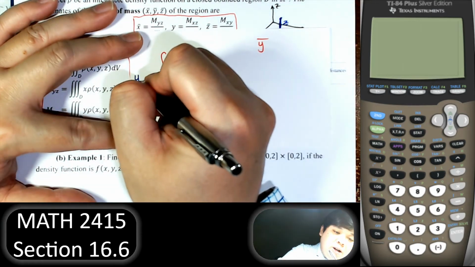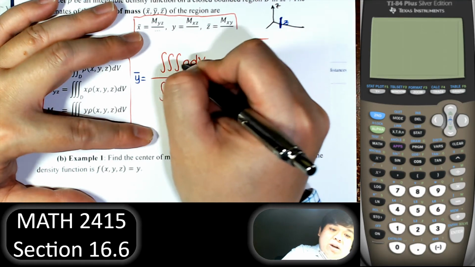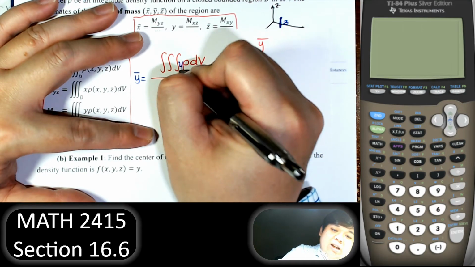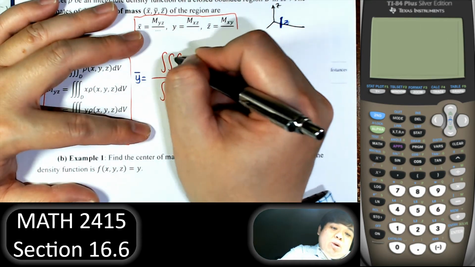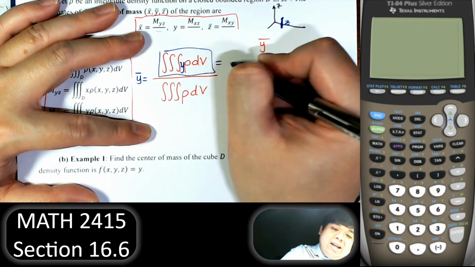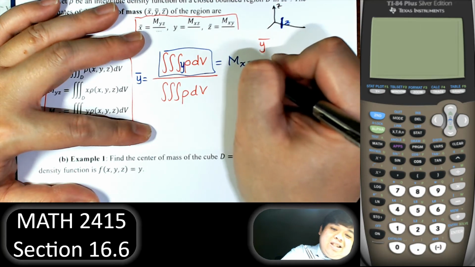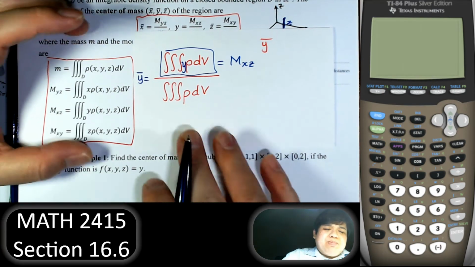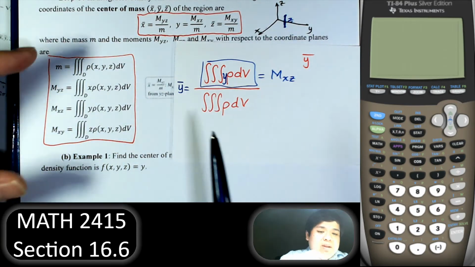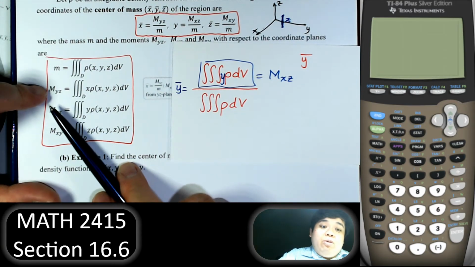For y bar, we just take the moment with the y in it. But technically, when we put the y to it, this one is said to be the moment about the xz plane. So in terms of the intermediate step where they find the moment, this could be confusing.